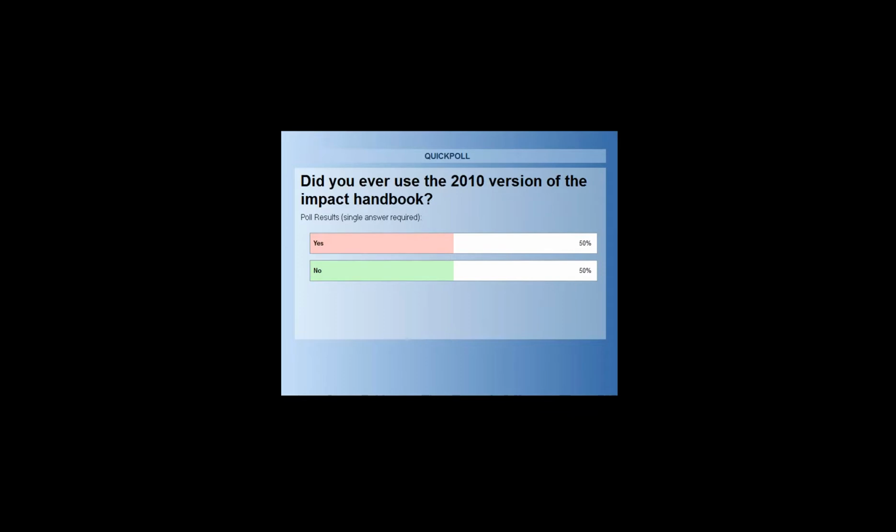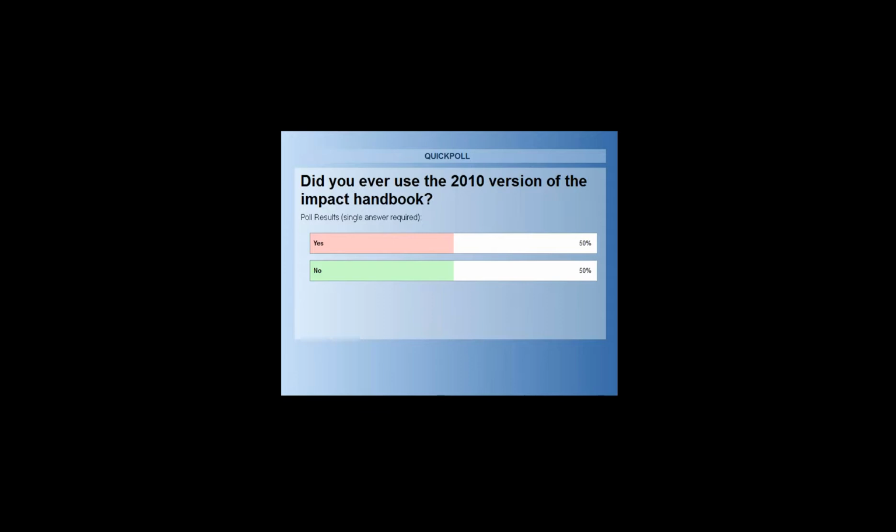And I guess that's what happens when you don't update your handbook for a number of years. A lot of people enter the profession and may not be aware of it, so I'm really glad that you're here learning about the 2014 version, which I do at this point want to say that if all we were going to talk about was the 2014 version, I could say you could just read the book.